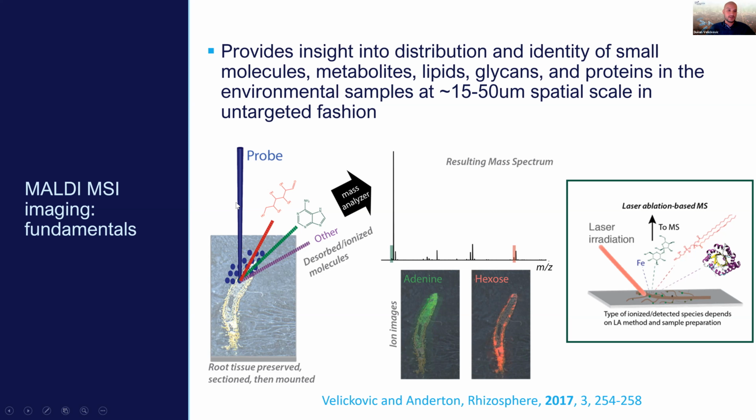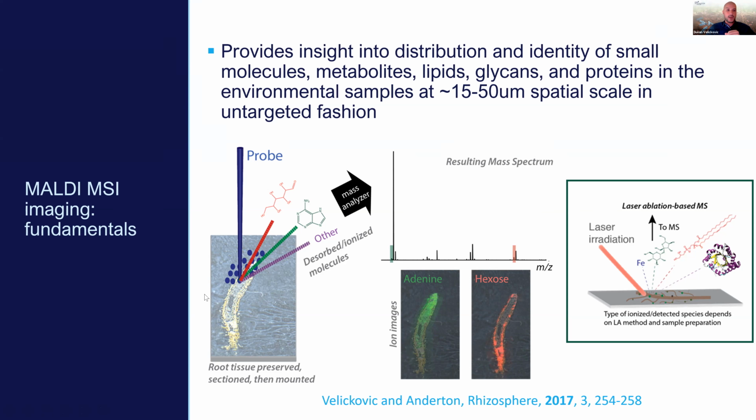And then in the case of MALDI, we use the laser. We ablate material from that localized spot in the sample, and that ablated material is ionized and goes into the mass spectrometer, where we actually measure the mass of those compounds.